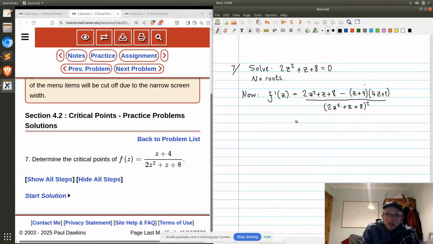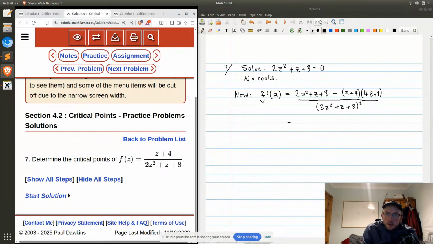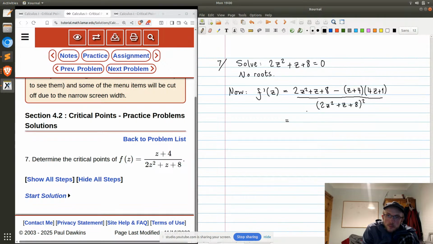Now, sorting that out, I'm going to make a bit more room here. We've got 2z squared minus 4z squared, so that would be minus 2z squared. Then we have minus 17z from a single z, so minus 16z.